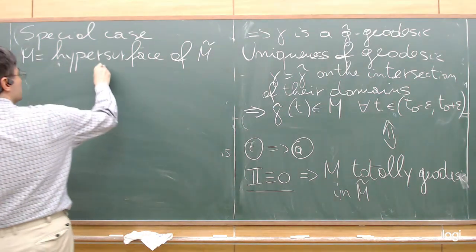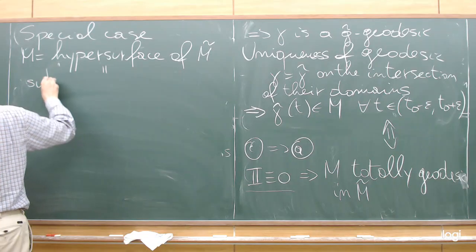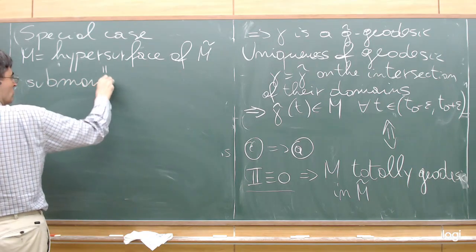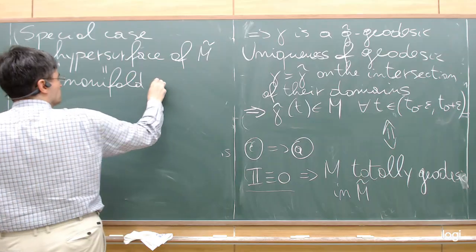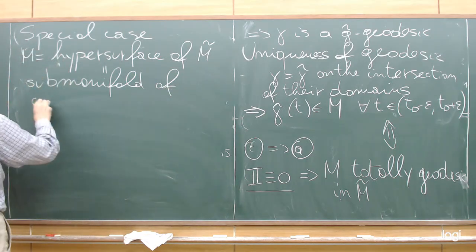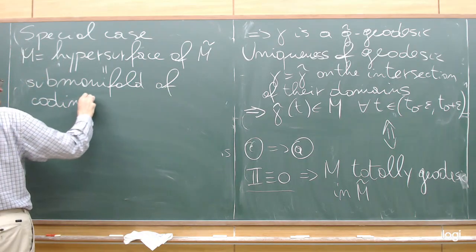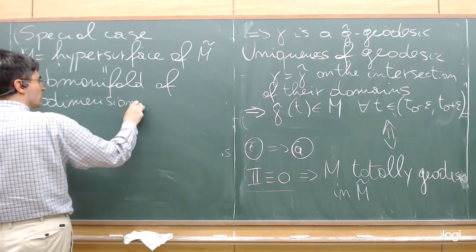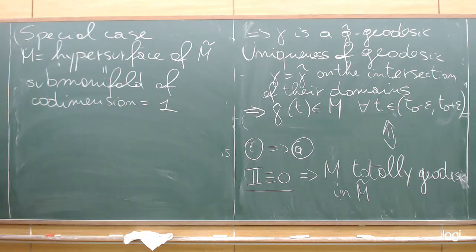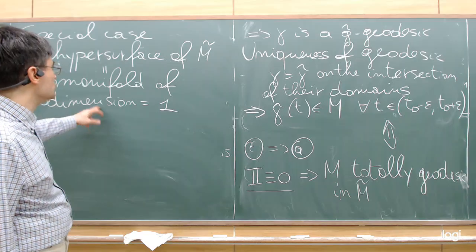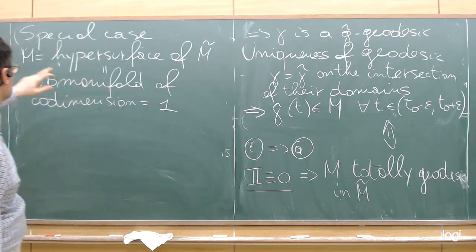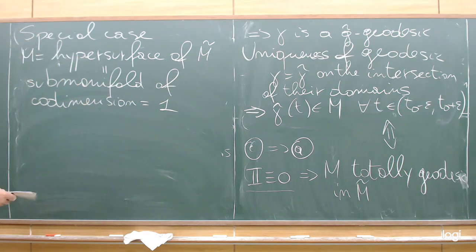Hypersurface means submanifold of codimension equal to 1. So this means that the difference of the dimension of M tilde and the dimension of M is exactly 1.